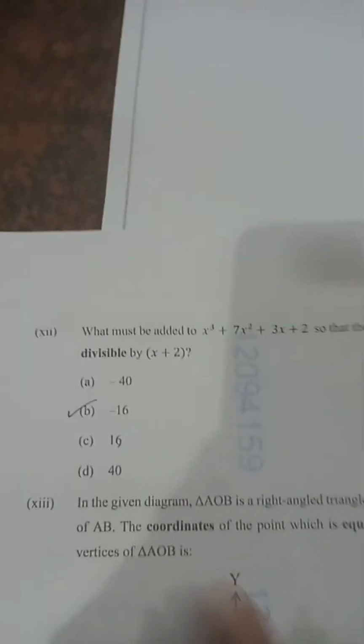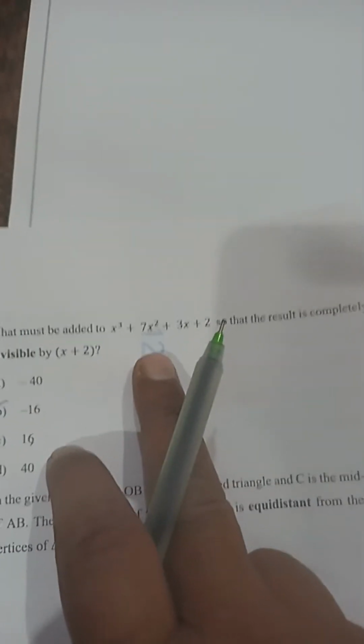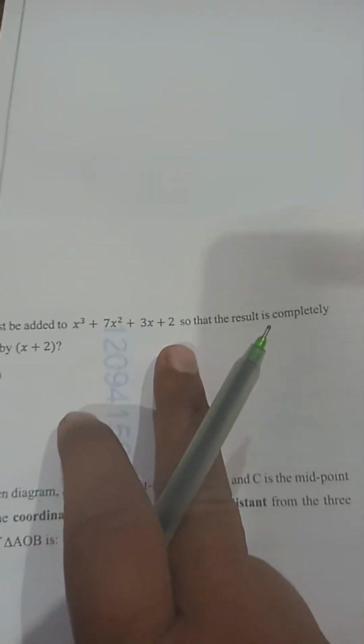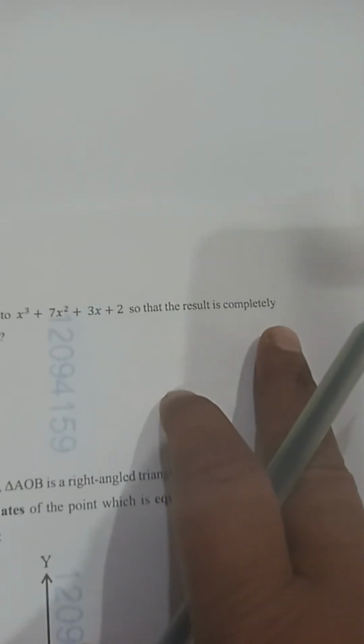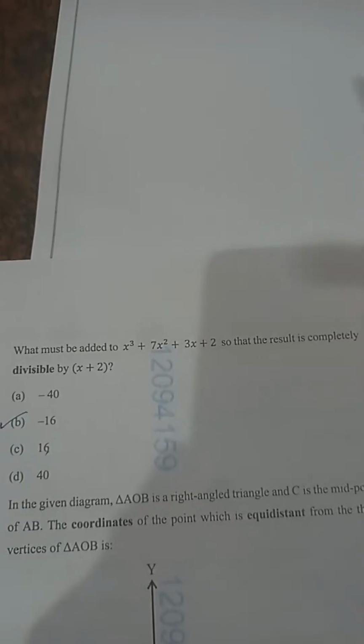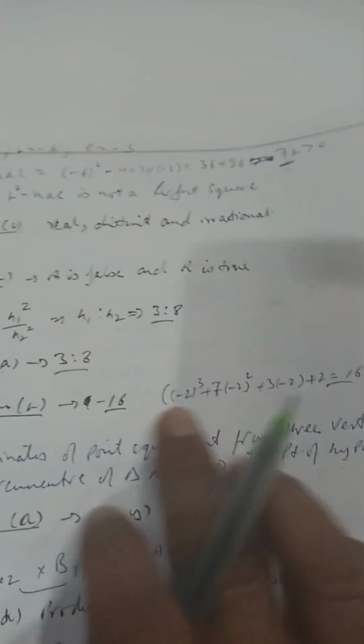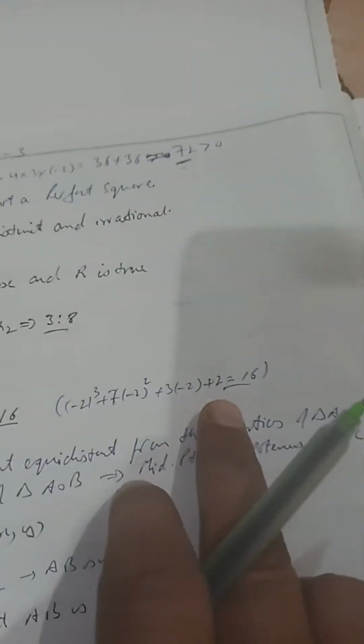Now see this 12th one. Here what they have asked: what must be added to x cube plus 7x square plus 3x plus 2 so that the result is completely divisible by x plus 2? So simply put the value of x, that is x equals minus 2, in this equation, we will get 16.